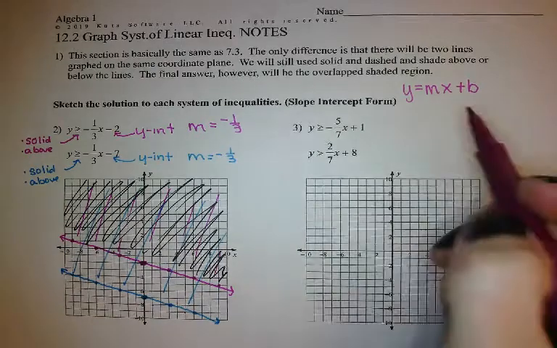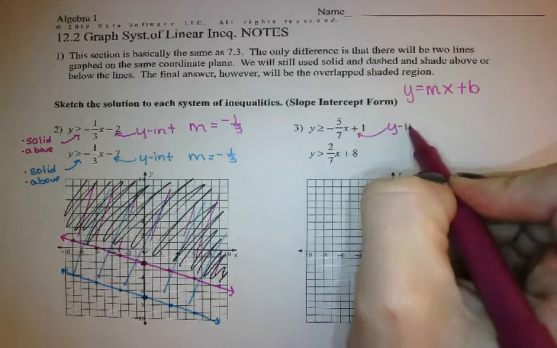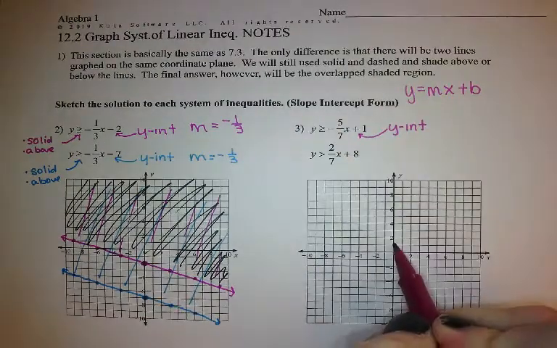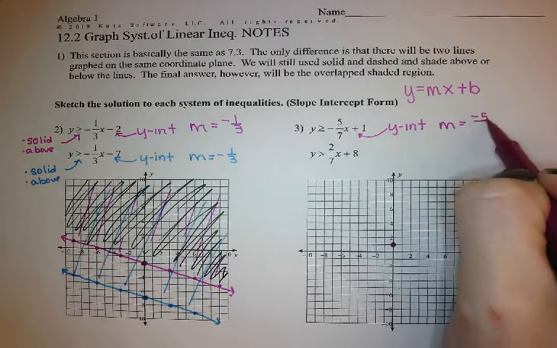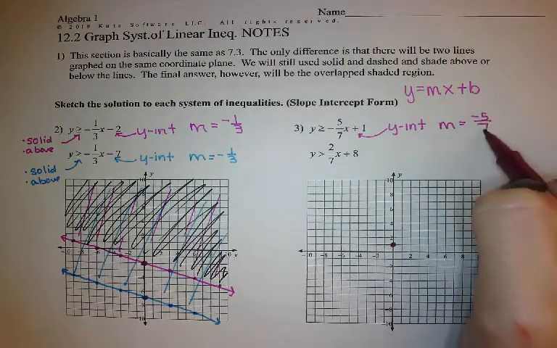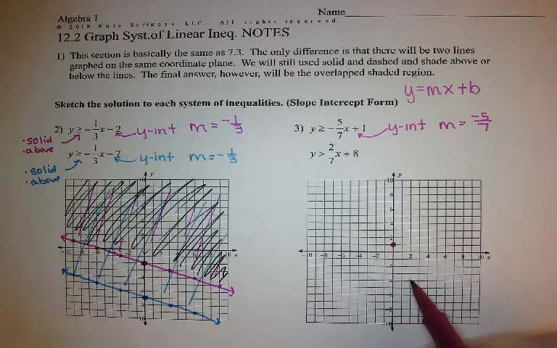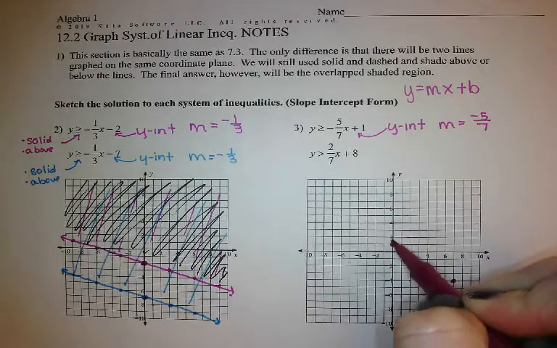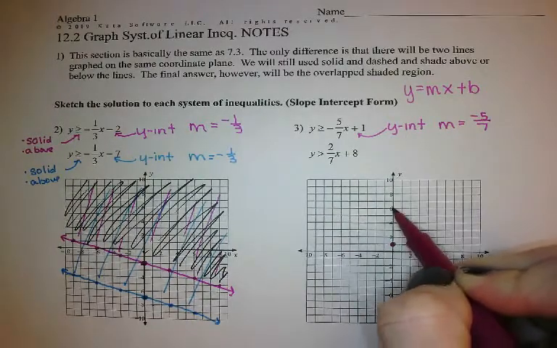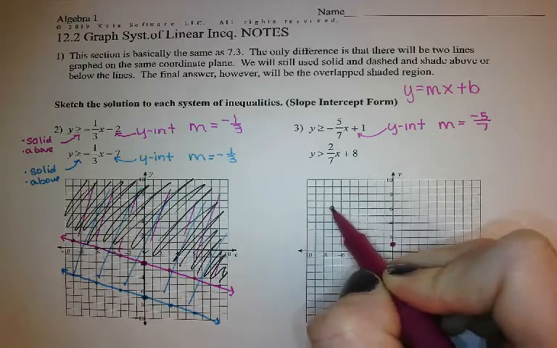All right, so again, it's in slope-intercept form. Let's plot this on our y-axis at 1, and then we have a slope of -5/7. So I'm going to go down 5 and then right 7. Okay, I could also reverse it. I could go up 1, 2, 3, 4, 5, and back 1, 2, 3, 4, 5, 6, 7.